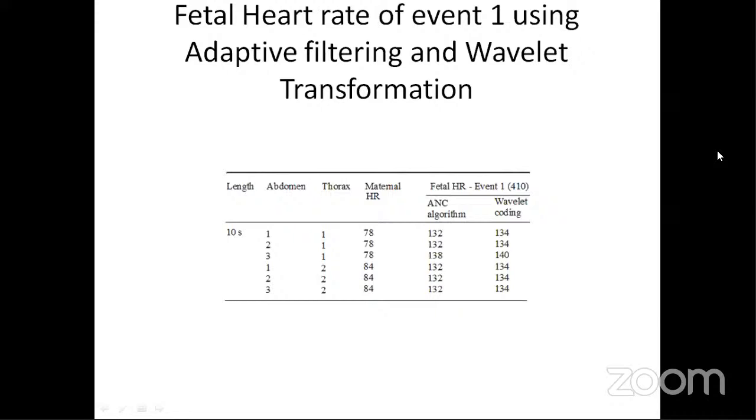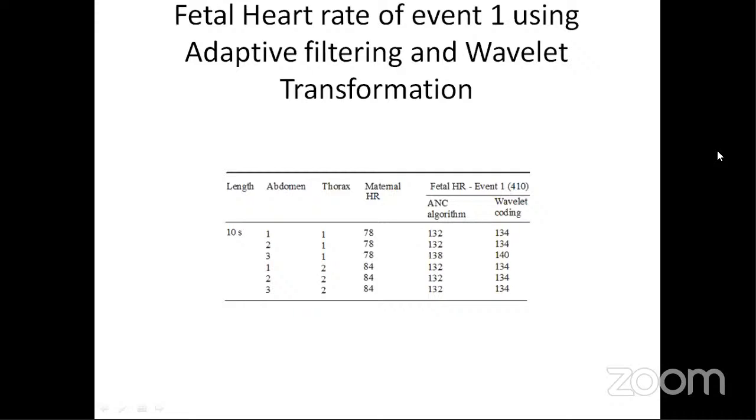Then, after extracting and finding the QRS complex, I have done heart rate prediction for both adaptive filtering and wavelet transformation.